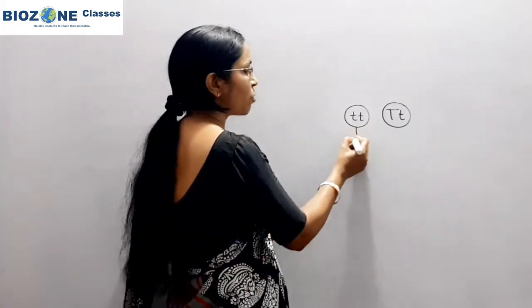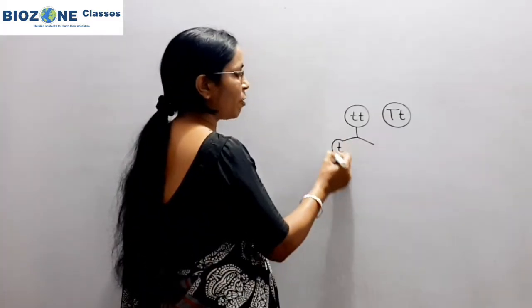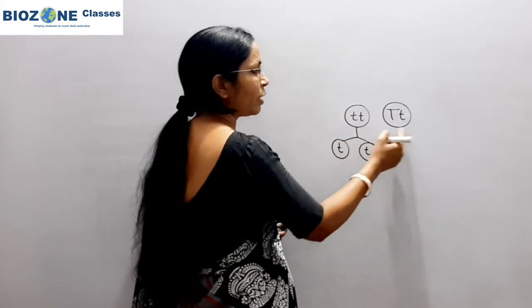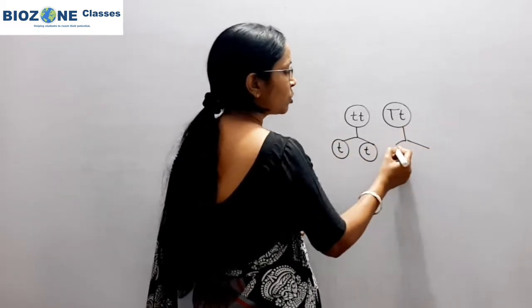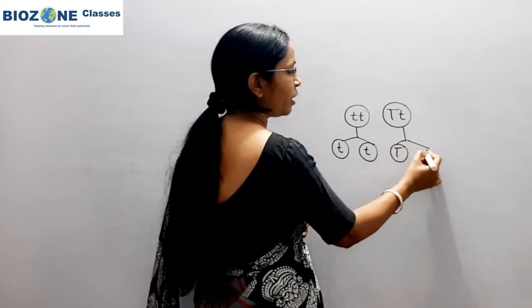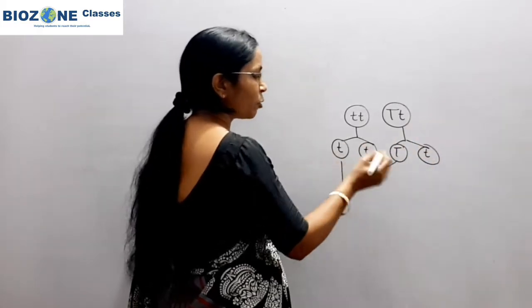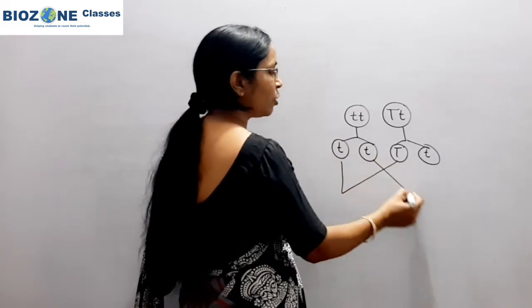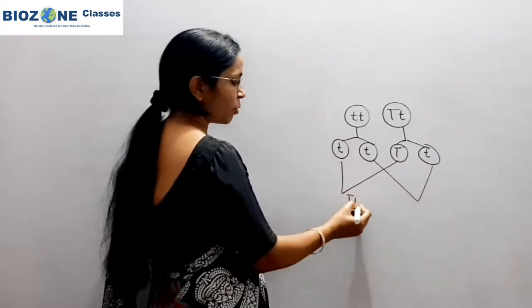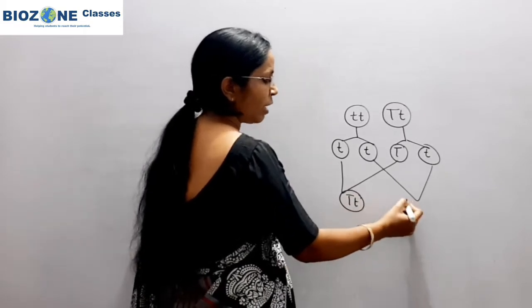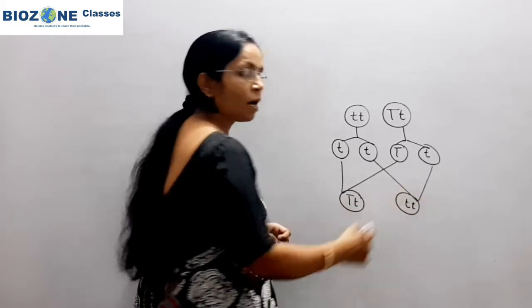So small t produces a similar type of gametes, but when capital T and small t we discuss, it produces 2 different types of gametes because this is a hybrid. So whatever progenies are produced, remember, 50% progenies are dominant and 50% progenies are recessive.